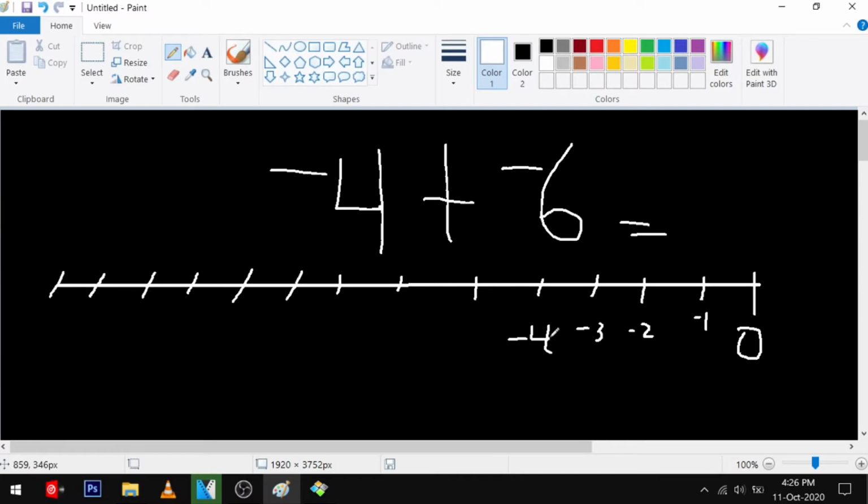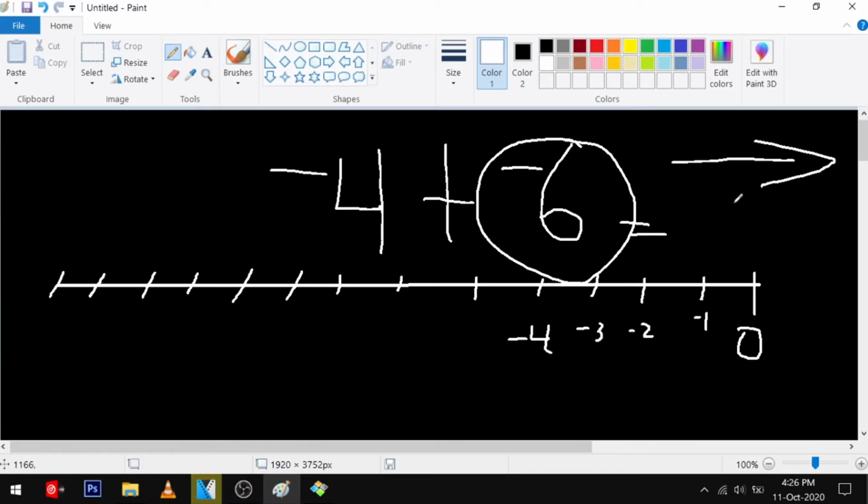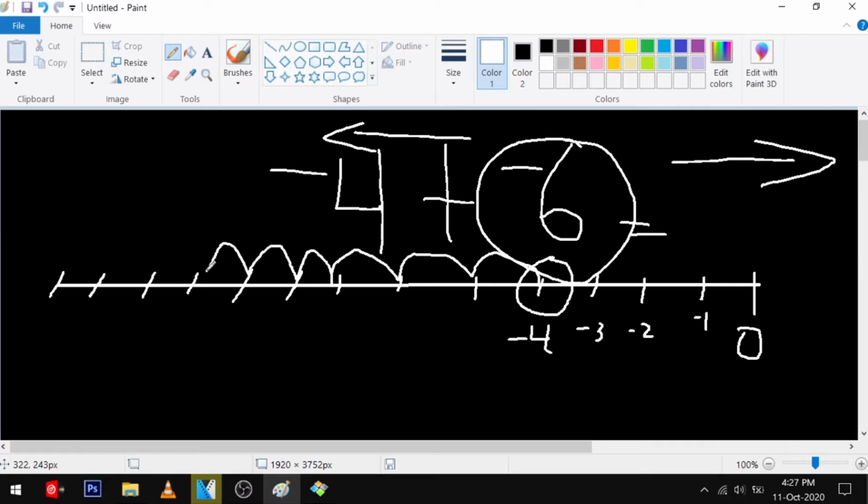All right. So if I have negative 4 and I'm going to add another negative, if you notice, if I add another negative, I won't go in this way because this side is positive. So I am going to go in the negative side. So if I am here at negative 4 and I add negative 6, I'm going to go 6 times this way. 1, 2, 3, 4, 5, 6.